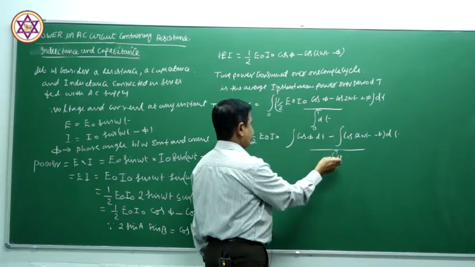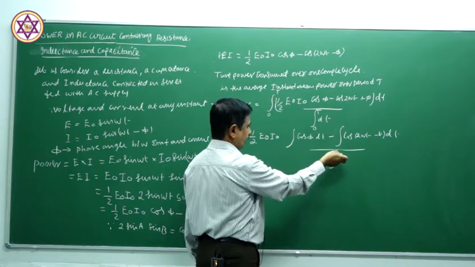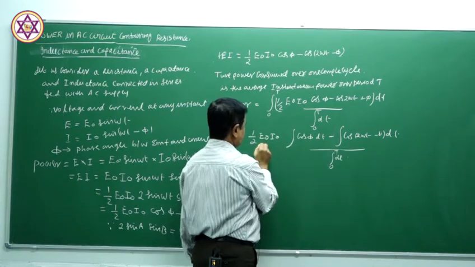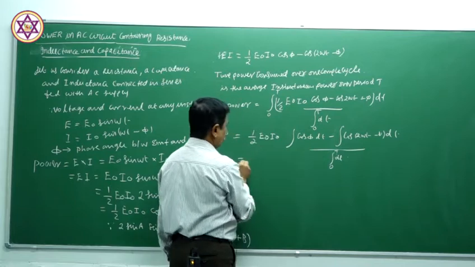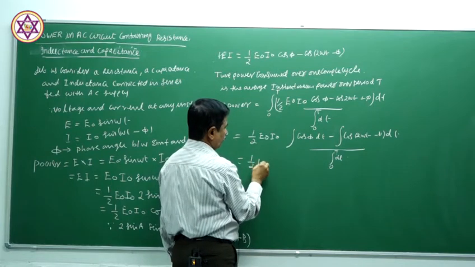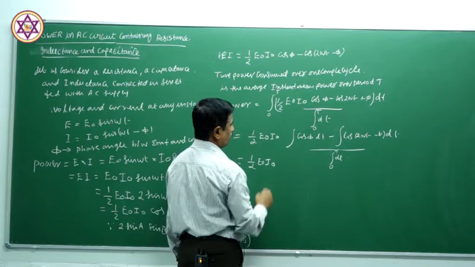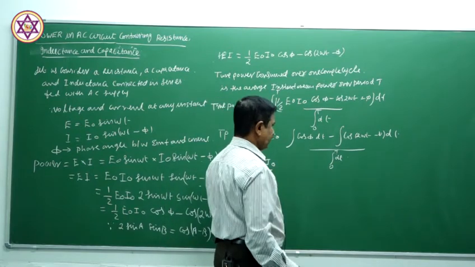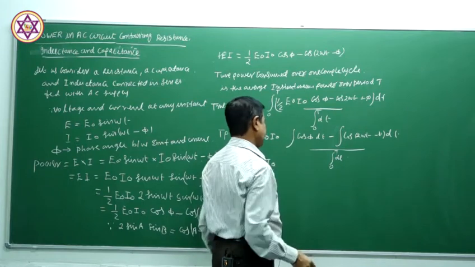If I integrate, I get T, since the limit of integration is T minus 0, that is T. So I will take out the factor in the next step. So half of E naught I naught divided by T is outside. Now how do I integrate this?